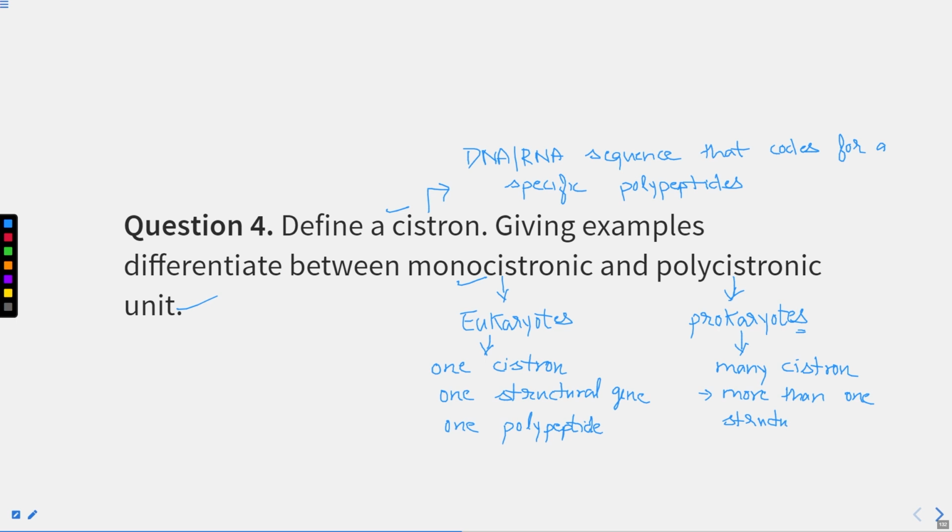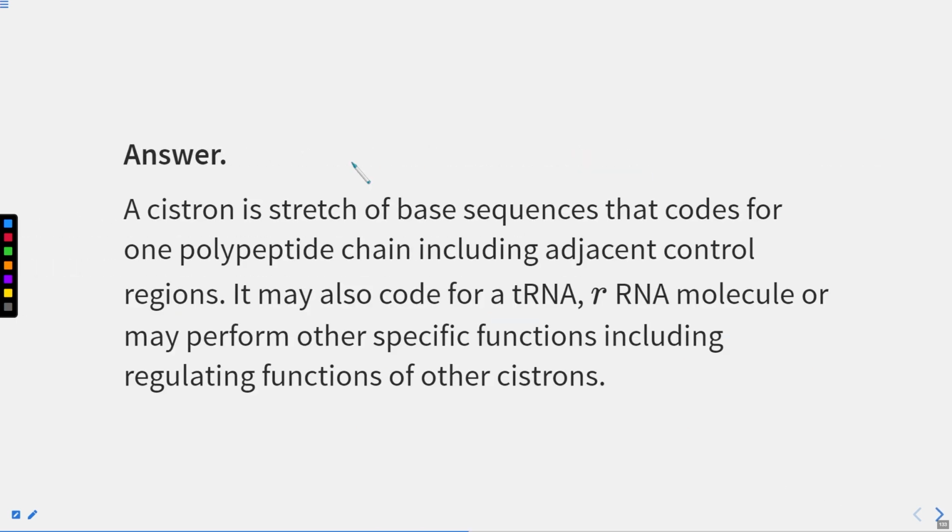If it consists of more than one structural gene, then it codes for more than one polypeptide or protein. All right, this is clear. Let's discuss the answer.